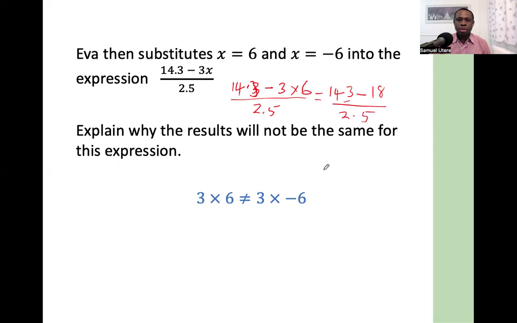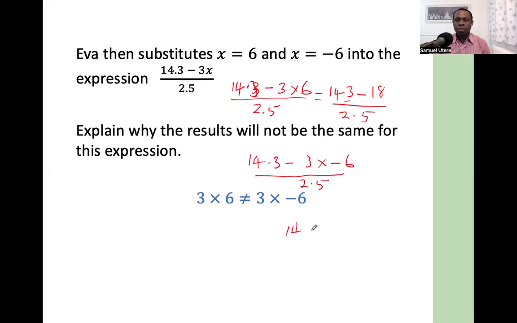But for this one, when it is negative 6, watch what happens. 14.3 minus 3 times negative 6, divided by 2.5.